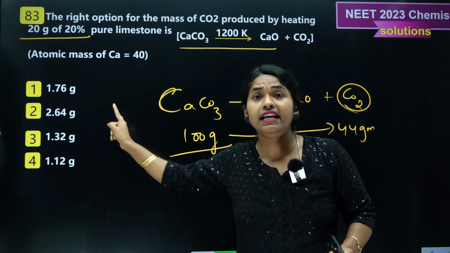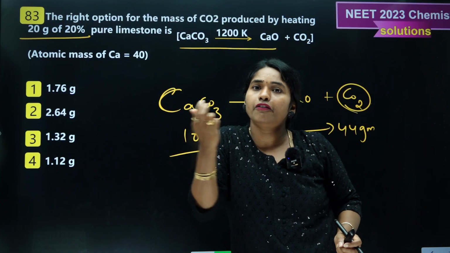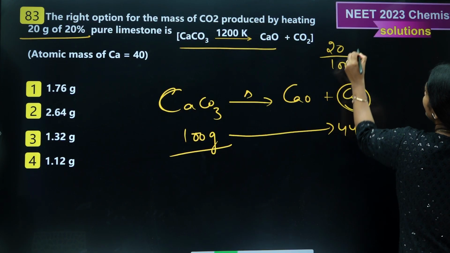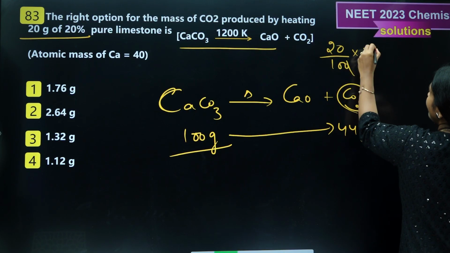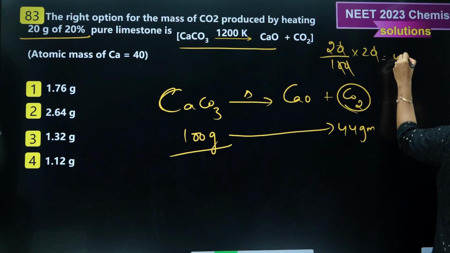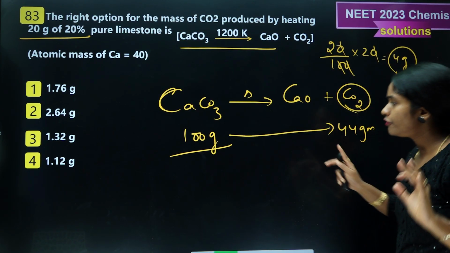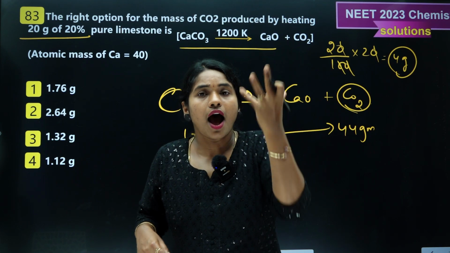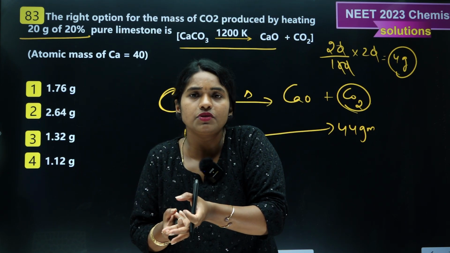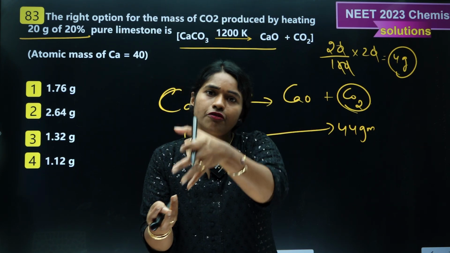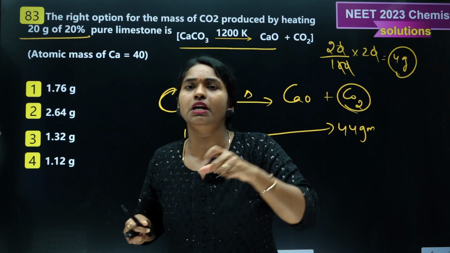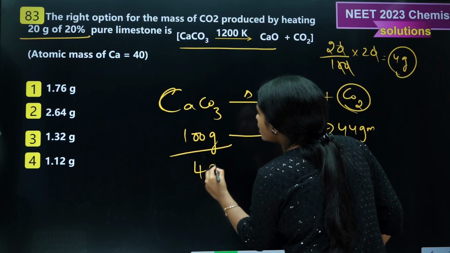But here they are telling 20% of 20 grams, so that will be 4 grams. It is not 100% pure, only 20% pure, which means 4 grams.